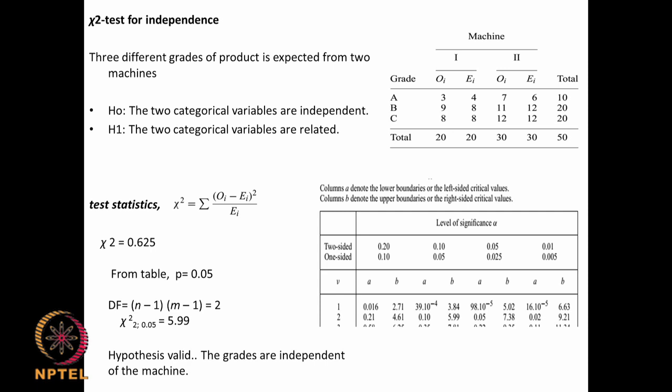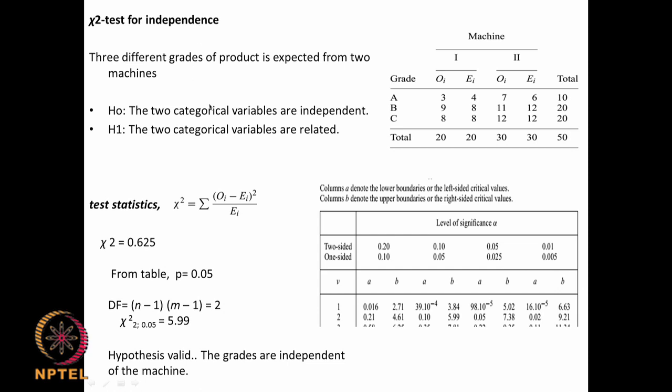I have two HPLCs, HPLC 1 and HPLC 2. I get some results in HPLC 1 and some results in HPLC 2. Now, I want to see whether the results are independent of the machine or dependent on the machine. This is a very important type of knowledge, especially in clinical trials. So, that is the chi-square test for independence.